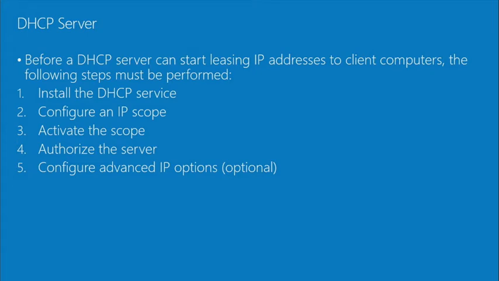You need to configure an IP scope, so a range of addresses that the server will host. Once you configure the scope, you need to activate it. So you basically need to click that button that says, hey, let's go ahead and allow these addresses to be leased out. You need to authorize the server. Basically in your environment, say, hey, this is a valid DHCP server.